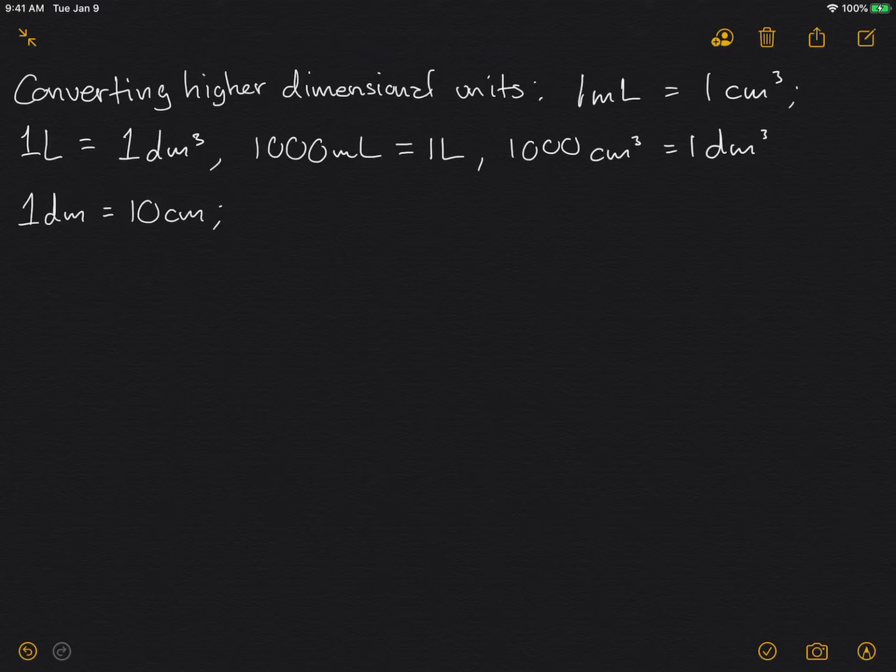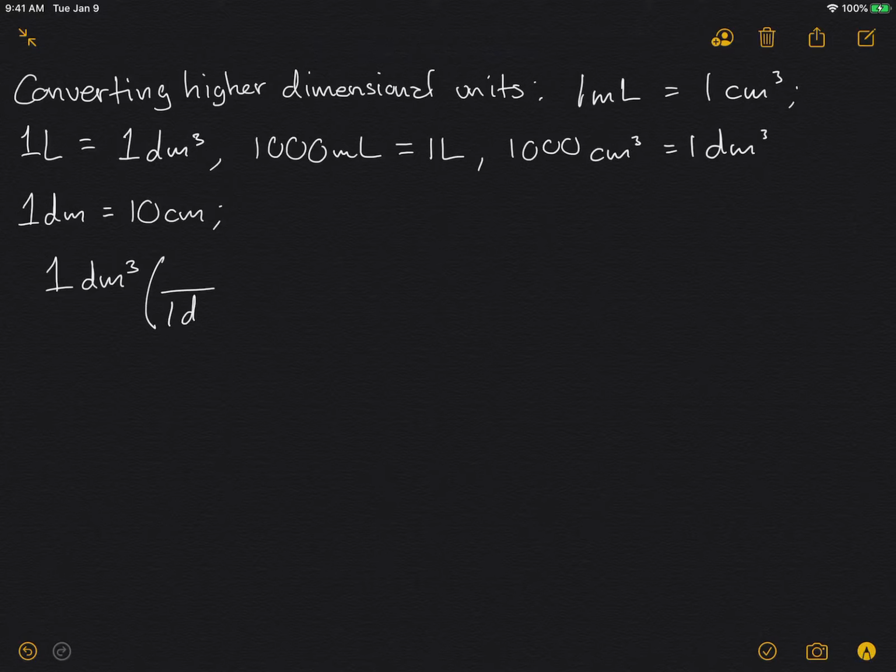So 1 cubic decimeter, let's convert that to cubic centimeters. And so let's do the unit conversion like you normally would and just ignore the cube for just a second.